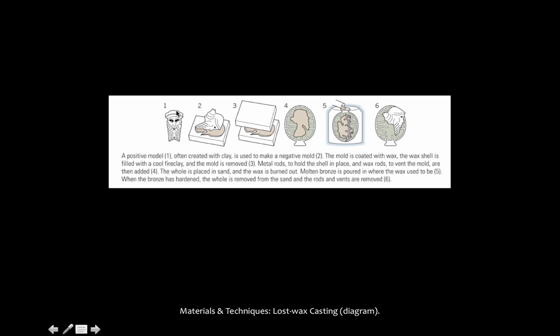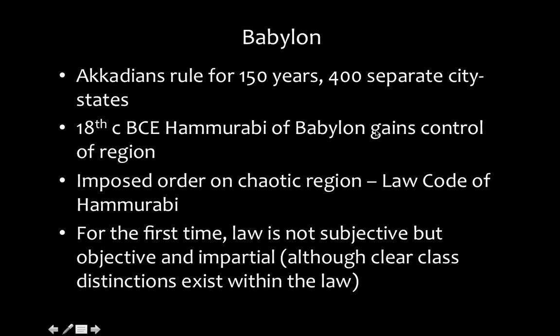So first you make the thing in hard clay, then you make an indenture of it that makes sort of this negative space that you can then fill with the metal rods, and you can also pour this molten metal material into it. So once that's done, then you kind of break the whole thing away, and then you're left with this mask, which we have. That's pretty much it for them.